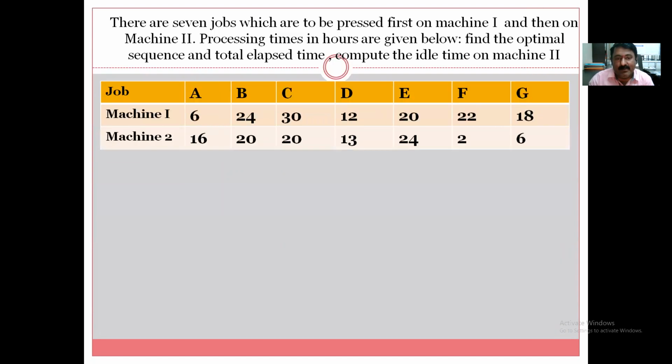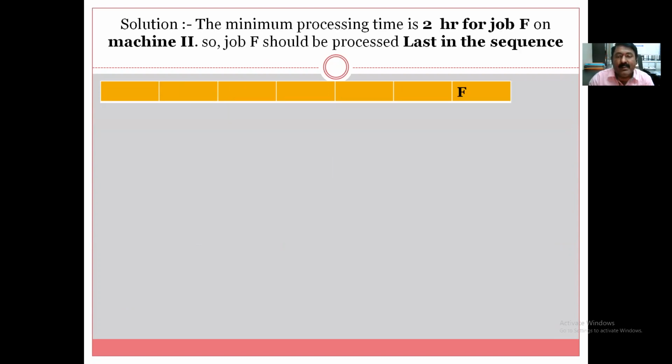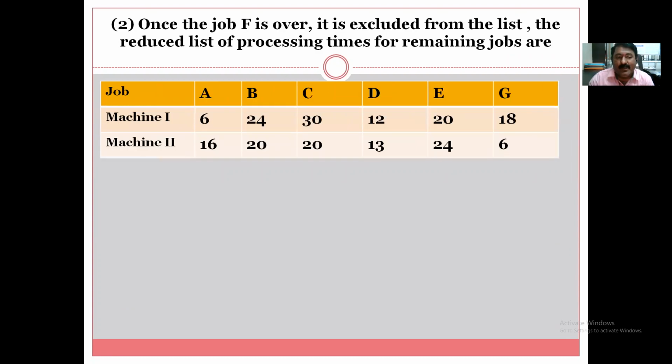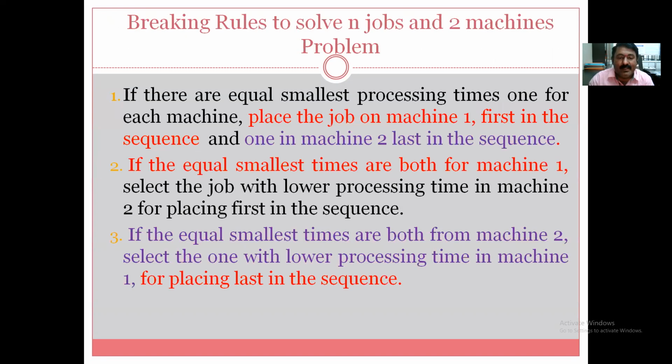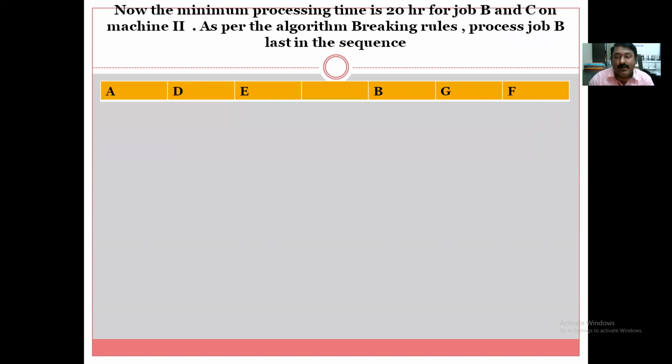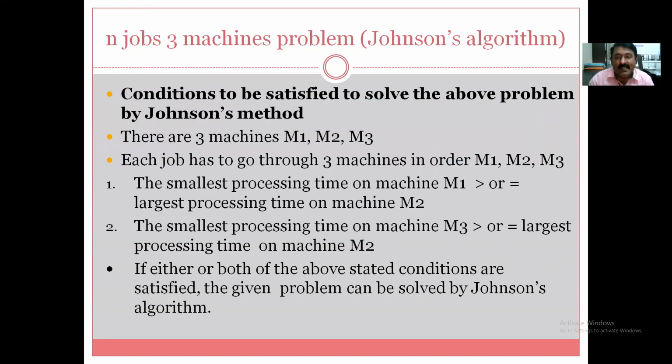Then for the second problem, we went for N jobs 2 machines with some complications, having the same jobs for 2 machines, and how to choose the criteria. And then we calculated the total elapsed time and the idle time.